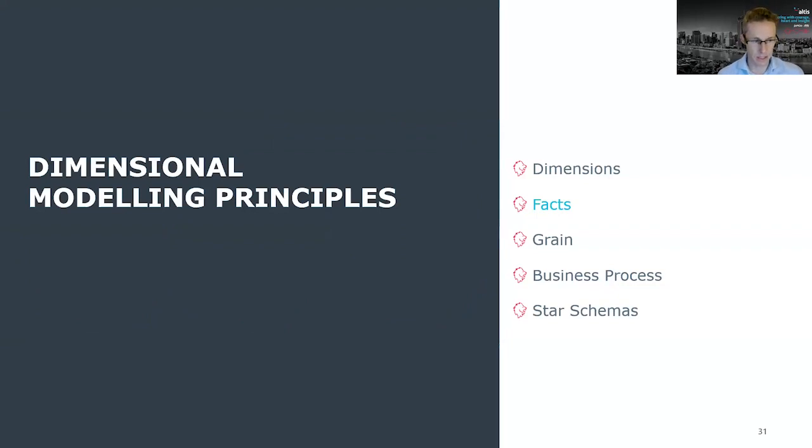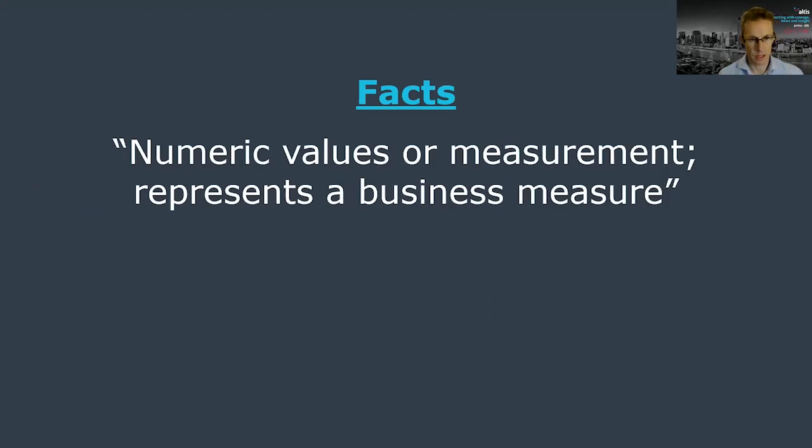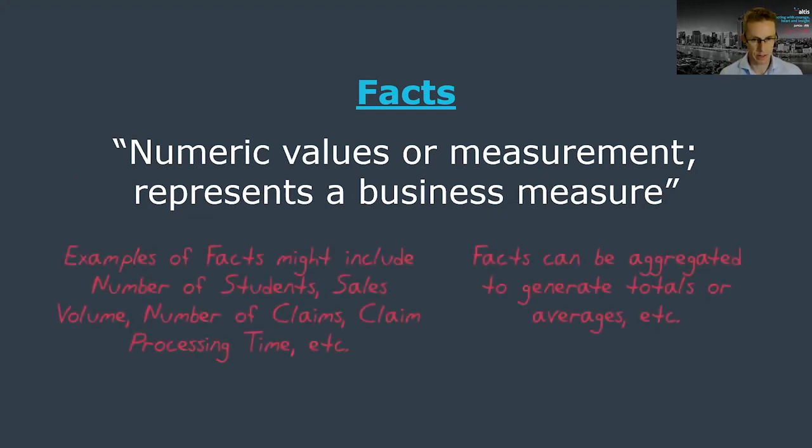Okay, so that's dimensions. So let's drill into the next key principle, which is facts. So what are they? They're numeric values or measurements that represent a business measure. Typically, they're just numerical values. There may be number of students, sales volume, number of claims, claim processing time, etc. And our facts can be aggregated to form totals or averages, etc. So from a BI toolset perspective, they're often referred to as measures or metrics.